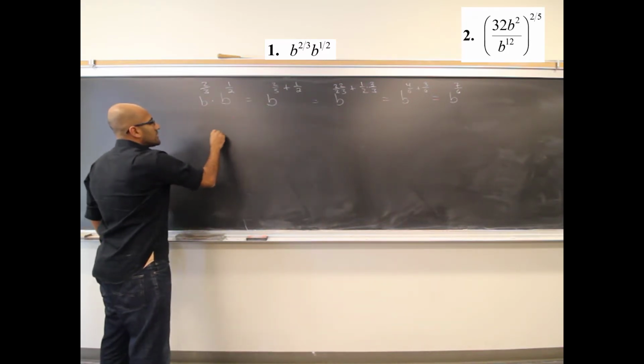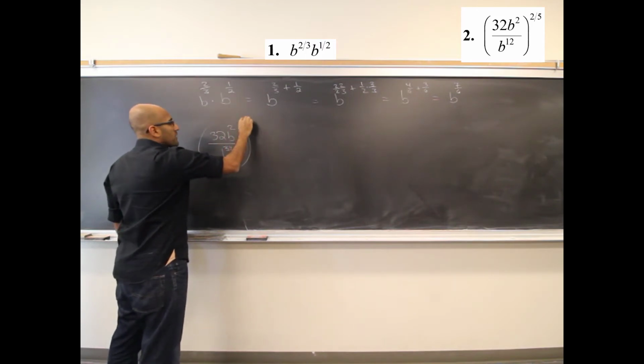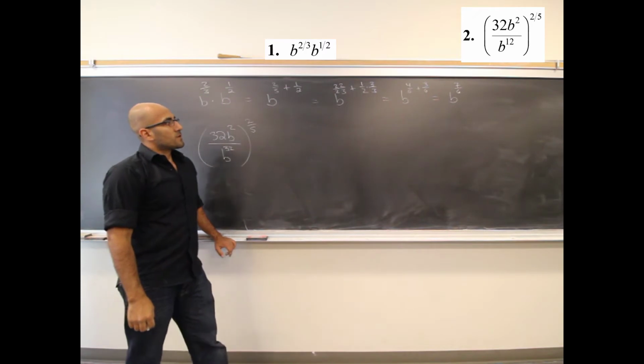Questions? No? Okay, what about this one? How about 32b to the second power divided by b to the 12th power, all of that being raised to the power of 2/5. Do we leave that as is, the b to 7/6? Yeah.